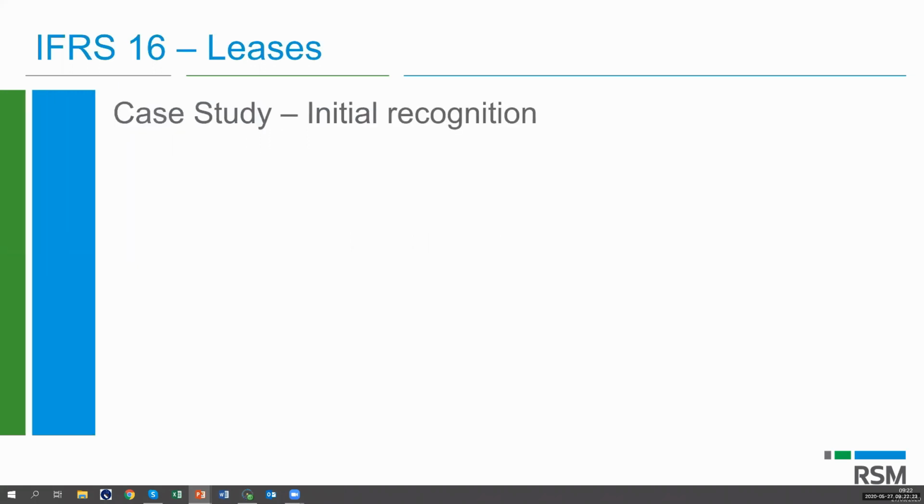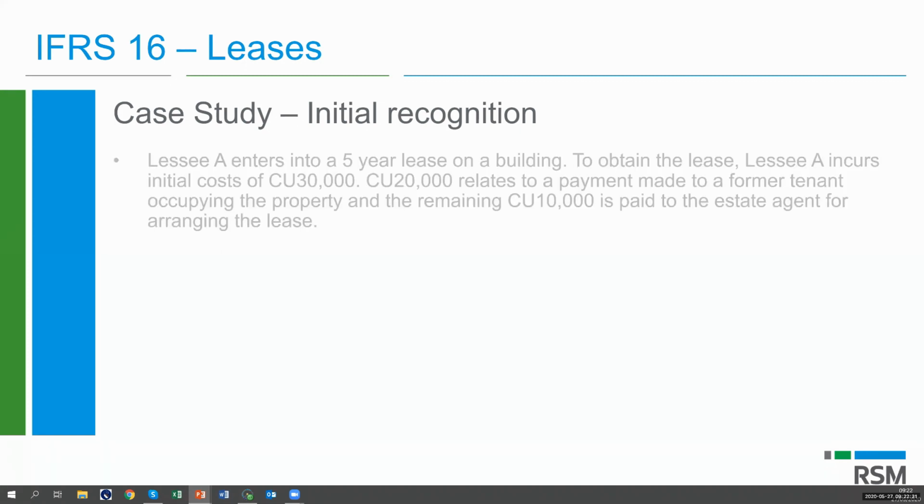So a quick little example and case study to go through. It's a very simple one, just to illustrate what needs to be done. Firstly, lessee A enters into a 5-year lease, which is typical for a building. Lessee A incurs an initial cost of 30,000 Rand: 20,000 Rand relates to the payment to a former tenant occupying the property, and the remaining 10,000 Rand is to the estate agent for negotiating and arranging the lease.